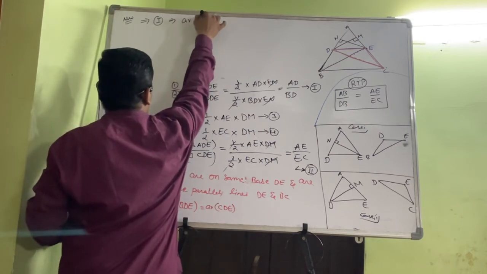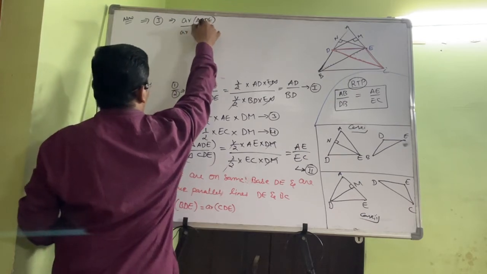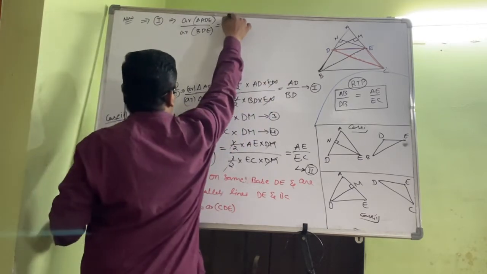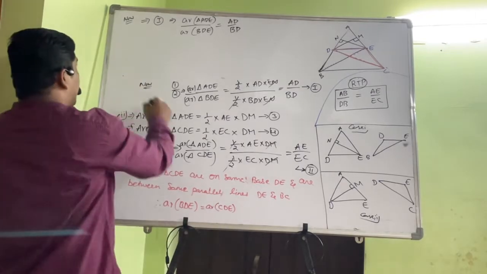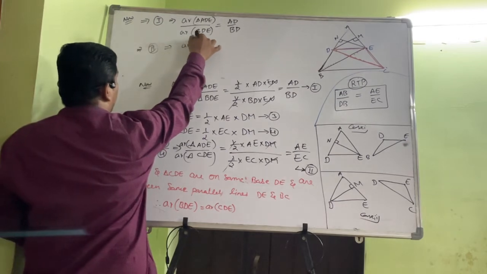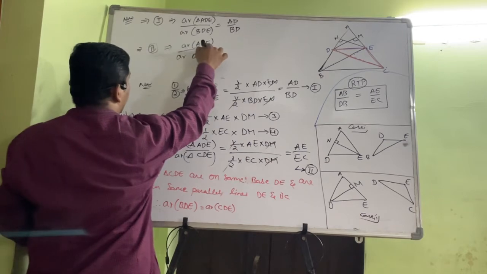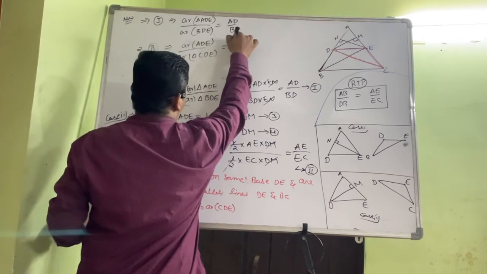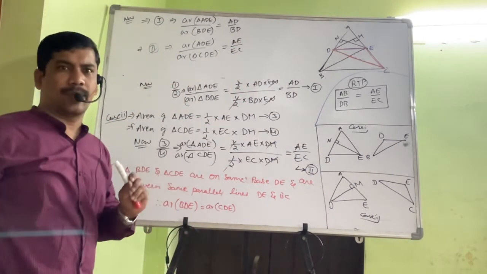Area of triangle ADE by area of triangle BDE equal to AD by BD, right? And equation 2, area of triangle ADE by area of triangle CDE equal to AE by EC. These are our equations, Roman 1 and Roman 2.